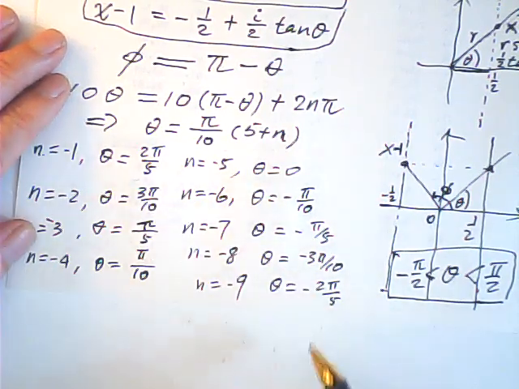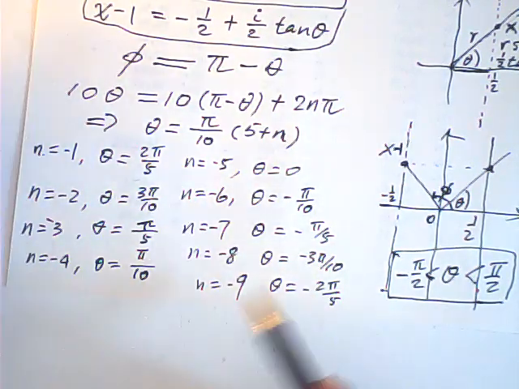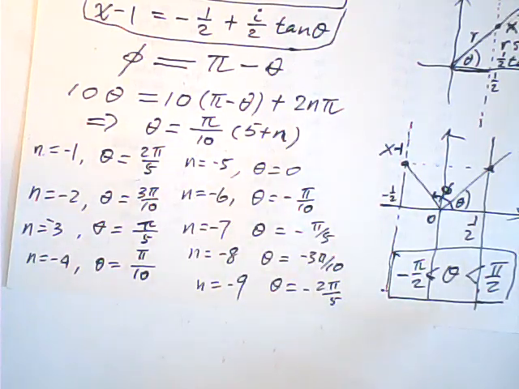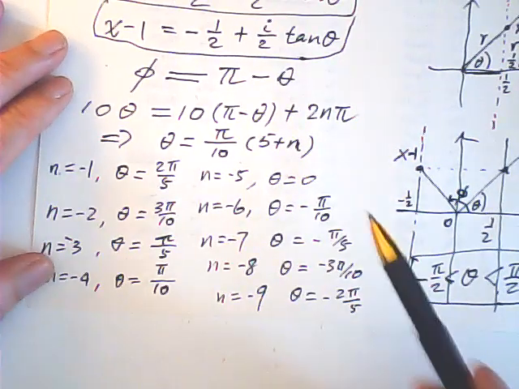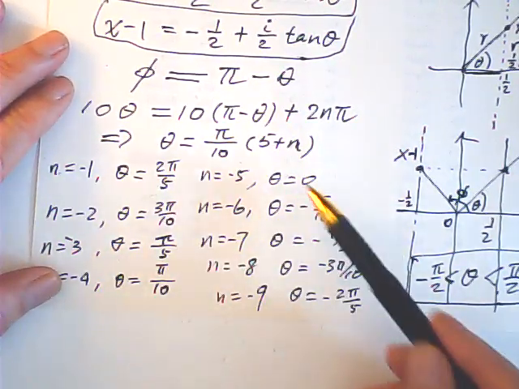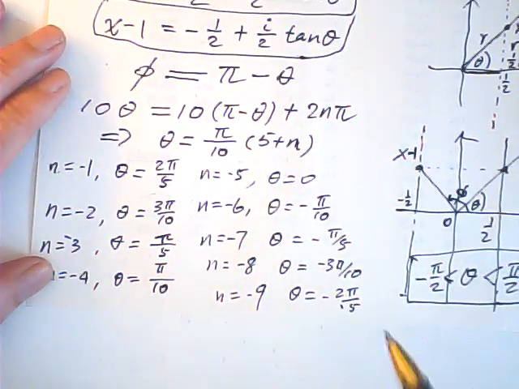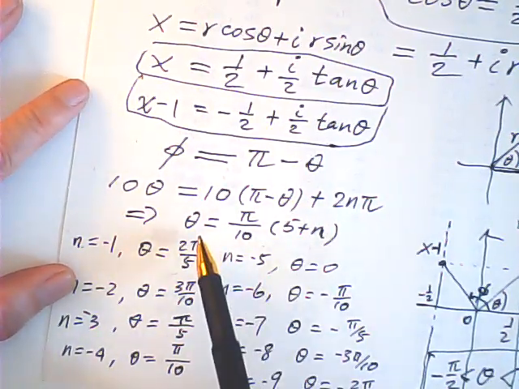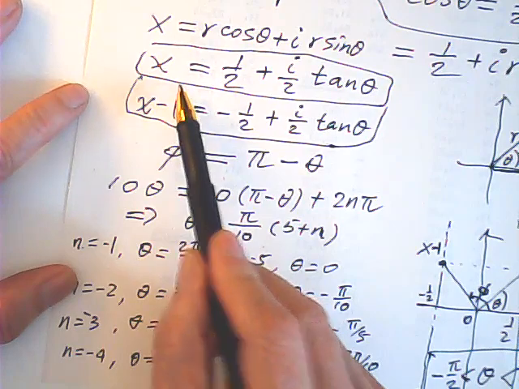N equal to negative 10 is not good because it's a negative half pi. So we have 1, 2, 3, 4, 5, 6, 7, 8, 9. We have 9 solutions for theta, which is 9 solutions for x.